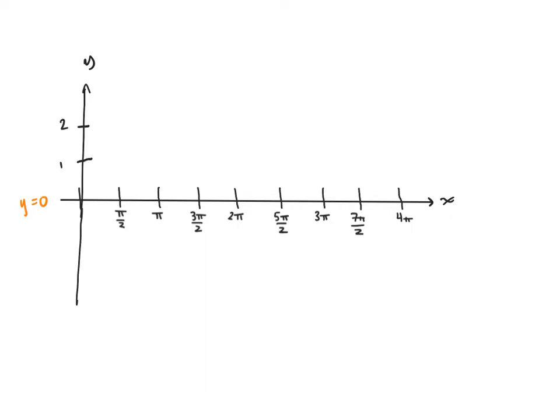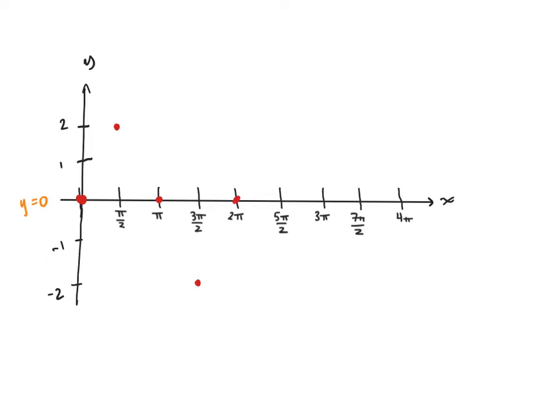So we are stretching this out by a factor of 2. We still start at 0, 0 on the line of oscillation, but then for pi over 2, we move upward. We're still increasing off that original point, but this time instead of just going up by 1, we're going up by 2, and then back, and then down by 2, and back.